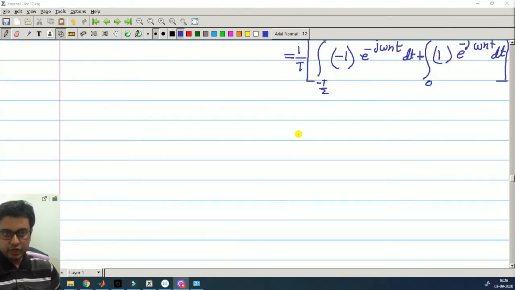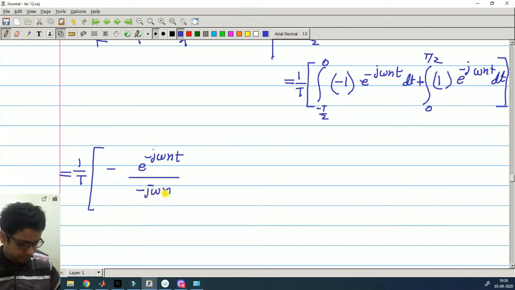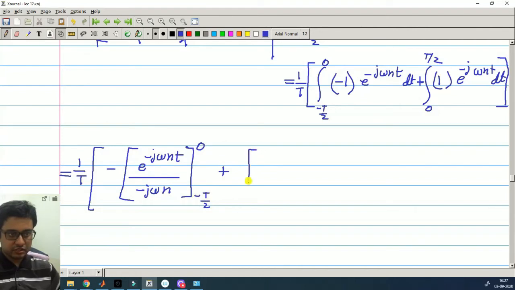Now integration of exponentials is always easy, at least easier than sine and cosine. 1 over T, then -1, and integration of e to the power minus j omega nt is the same thing, divided by minus j omega n, with limits minus T by 2 and 0, then plus 1 and e to the power minus j omega nt divided by minus j omega n with limits T by 2 and 0.